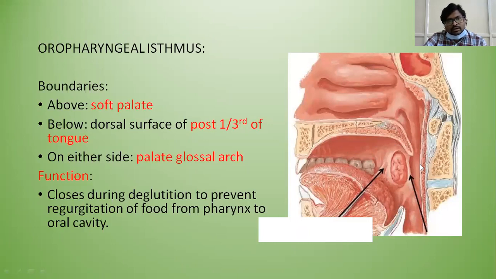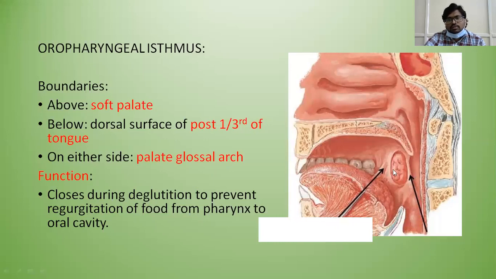It is bounded above by the soft palate, below by the dorsal part of the posterior 1/3 of the tongue, and laterally by the palatoglossal arch, formed by the palatoglossus muscle. Now coming to the function. The function of the oropharyngeal isthmus is that it closes during deglutition to prevent regurgitation of food from the pharynx into the oral cavity.